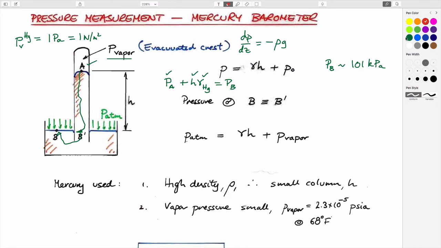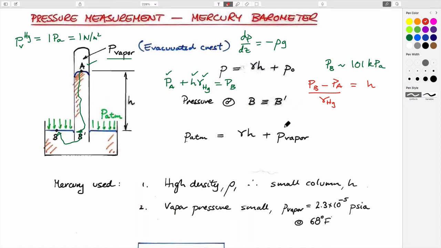And so we could rearrange this to get that. I'm going to do it in a different color. So in other words, what would it be? It would be PA. No, sorry, just do it the other way around. PB minus PA is equal to H divided by the unit weight of mercury.